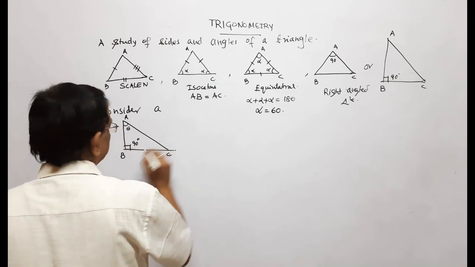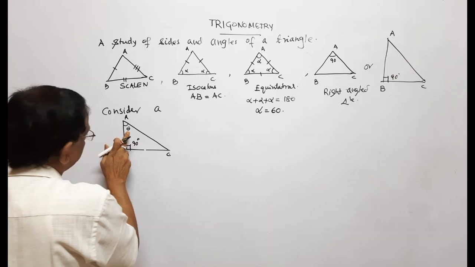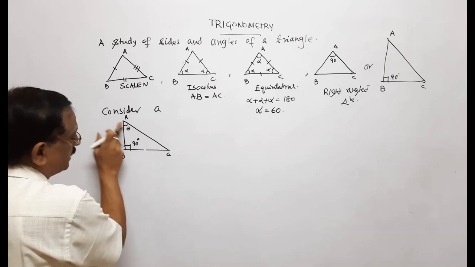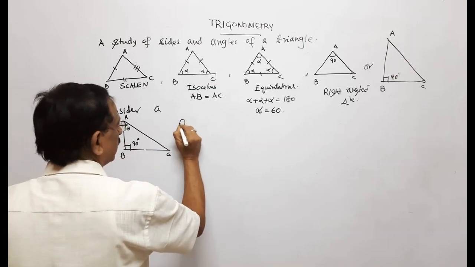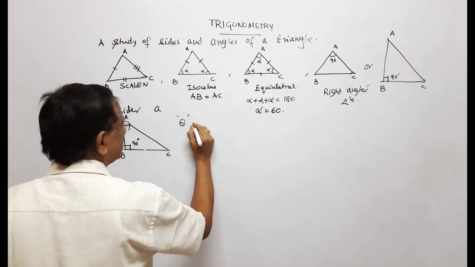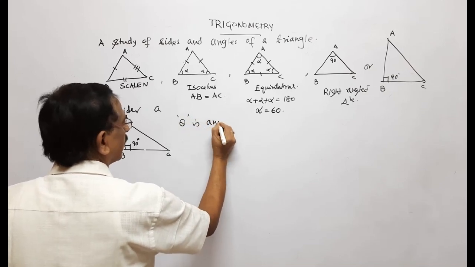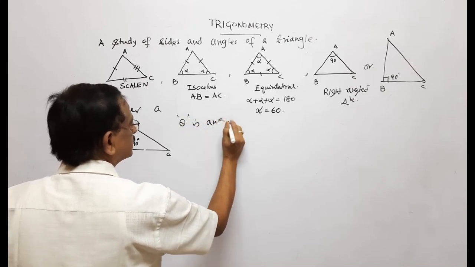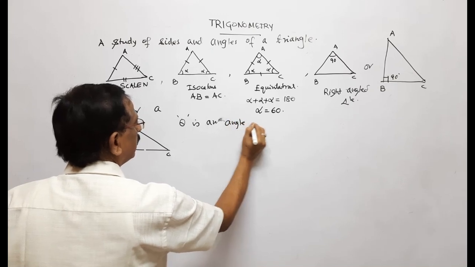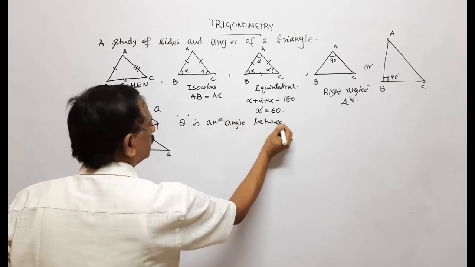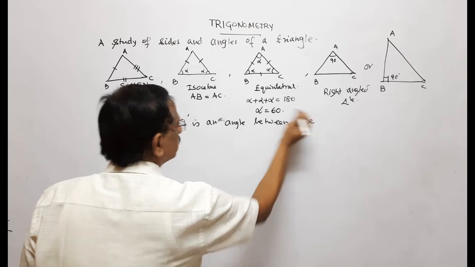So, theta is an angle between the sides AB and AC.